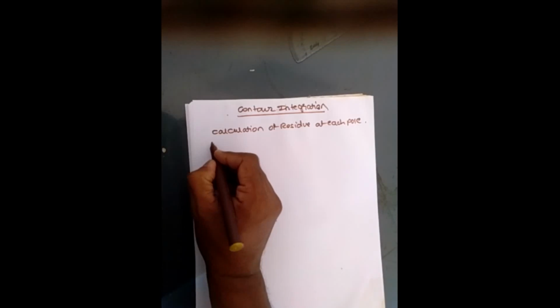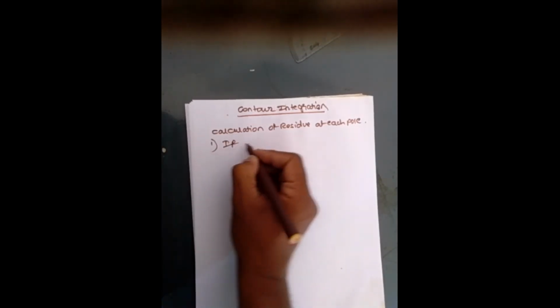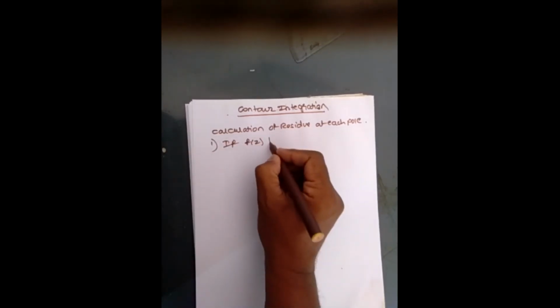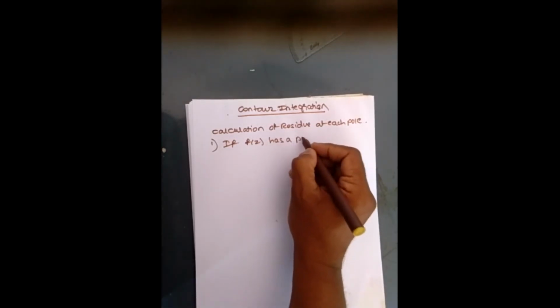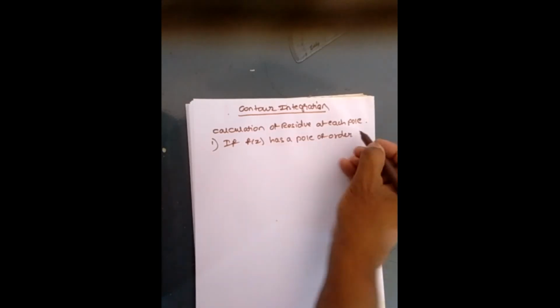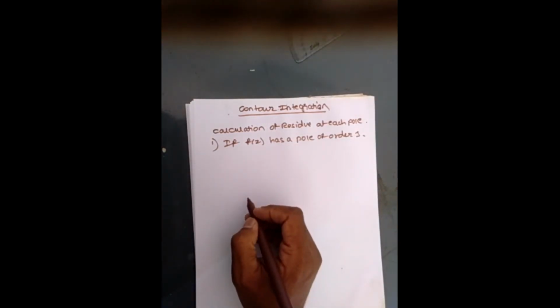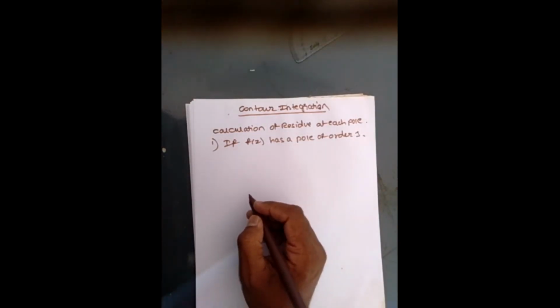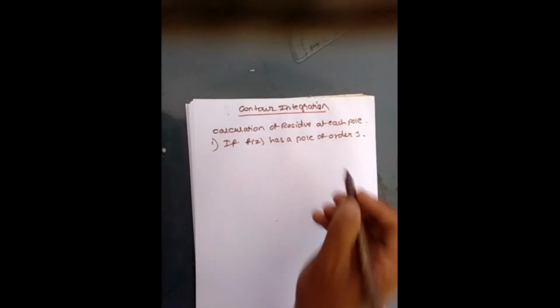First one, if f of z has a pole of order 1, it is known as a simple pole.